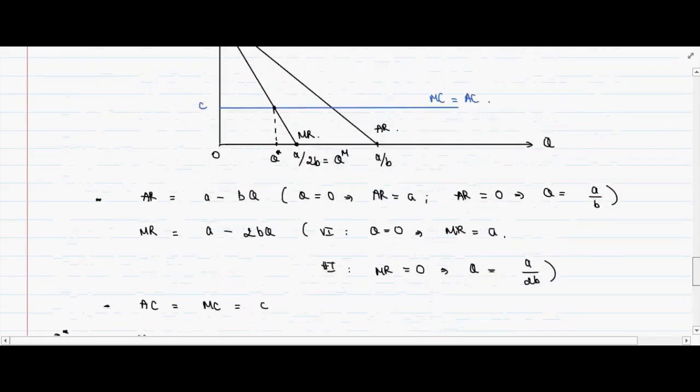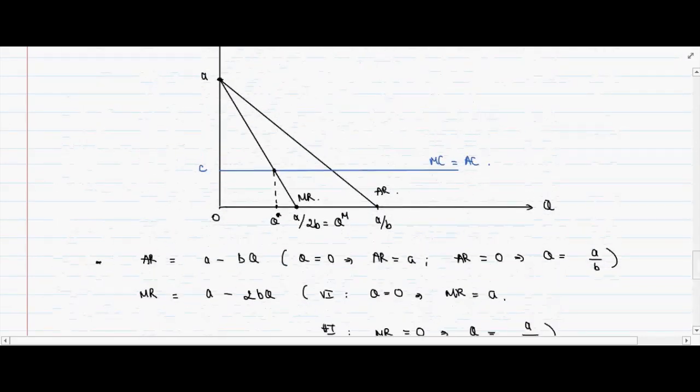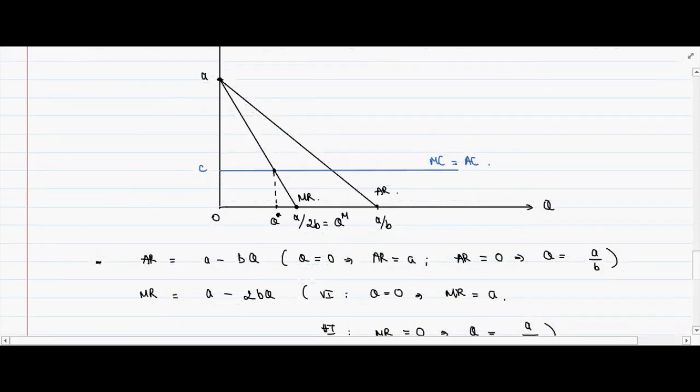On a diagram, my average revenue is here and my average cost is here. The intersection between average cost and average revenue is the point at which the profit is equal to 0, and this corresponds to a quantity Q0.